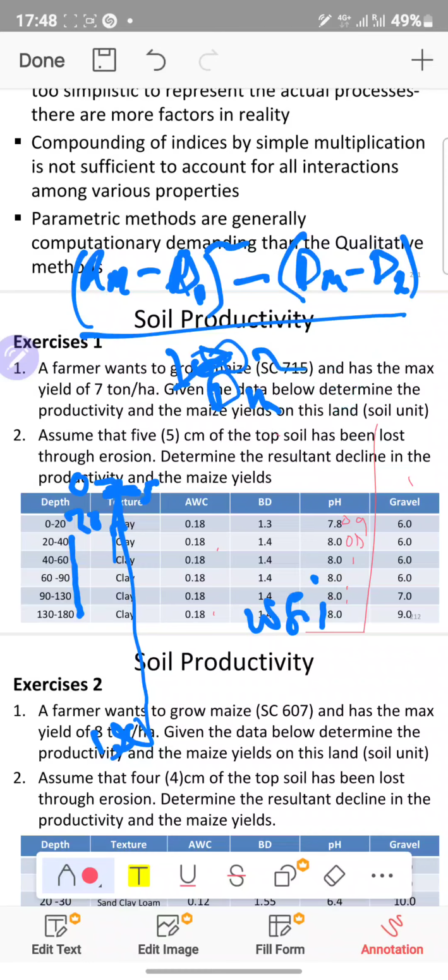Here D1 is the upper boundary and D2 the lower boundary. In this case, the upper is 0 and the lower 20. Then 20 becomes upper, 40 lower, just like that.